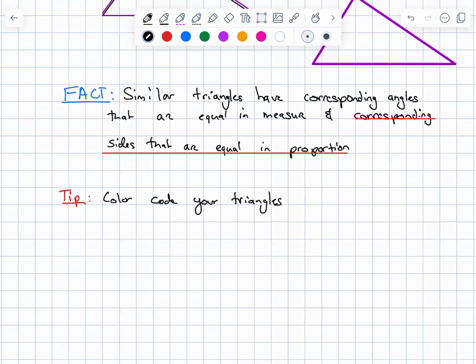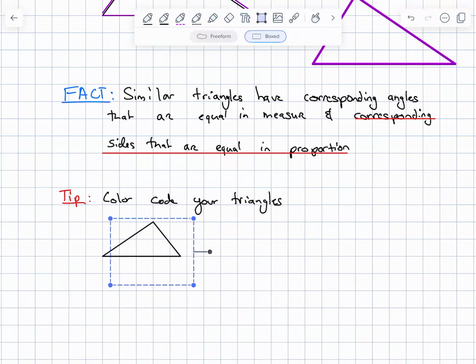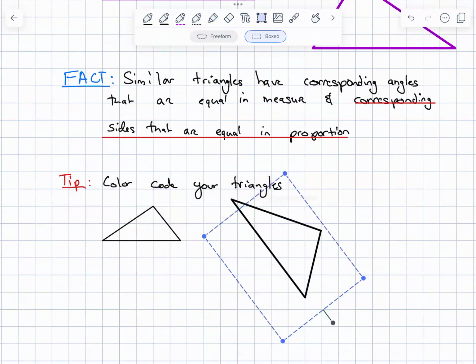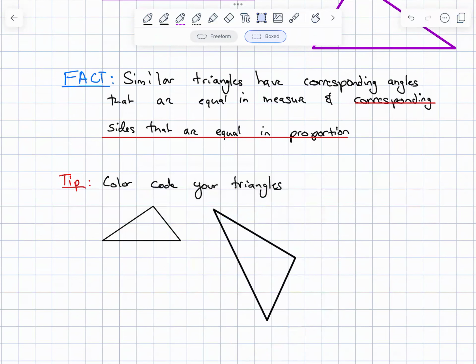So I'm going to draw two similar triangles, and I'll show you what I mean. All right, and then what I'm going to do is duplicate this, make this one larger, and change its orientation like that.